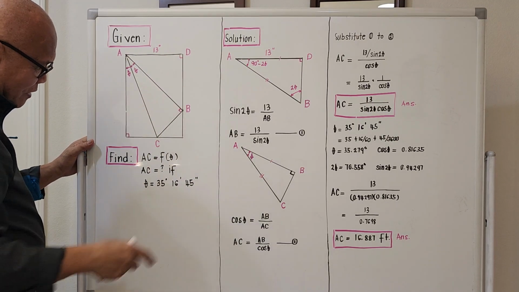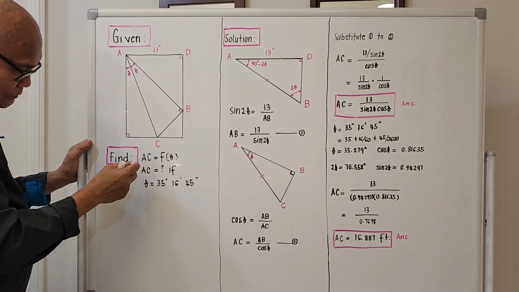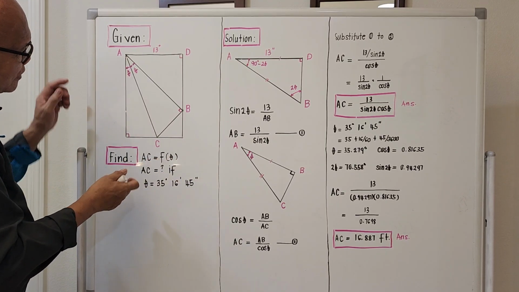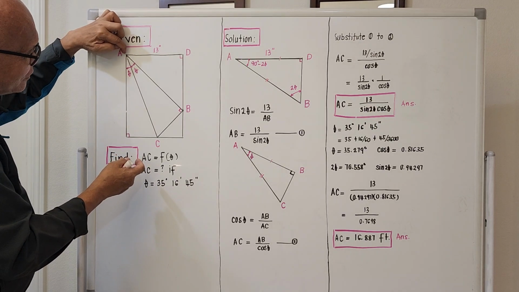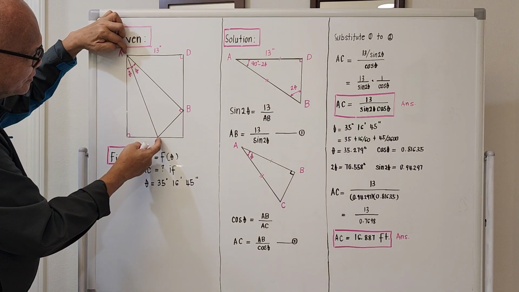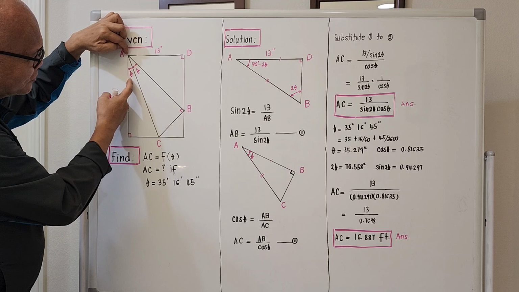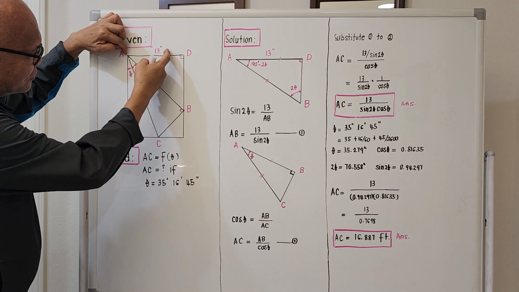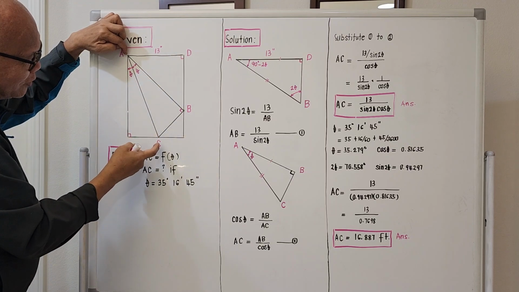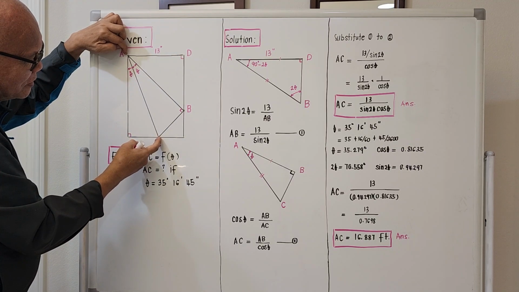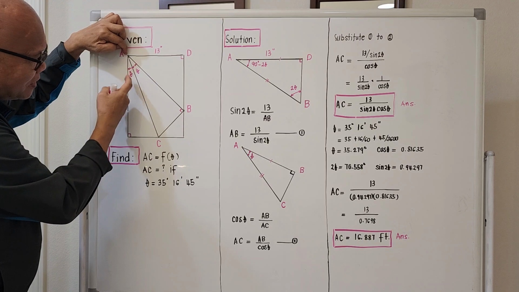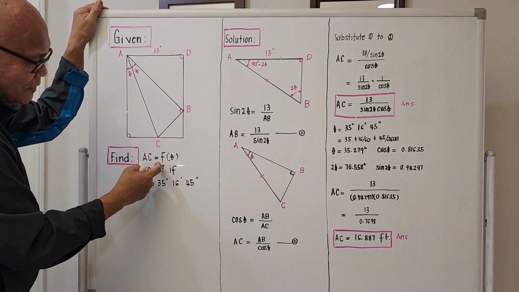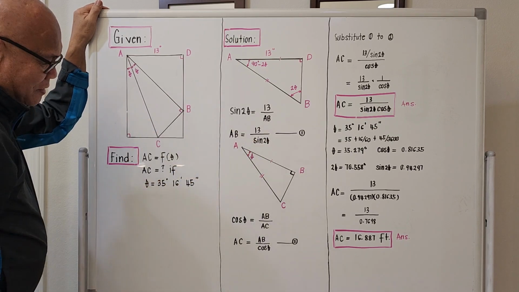The problem is asking to find AC as a function of theta. AC is the length from point A to point C. If this is theta and this is also theta and this is 13 inches, what will be the length of AC as a function, or in terms, of theta? The first requirement is AC in terms of theta.